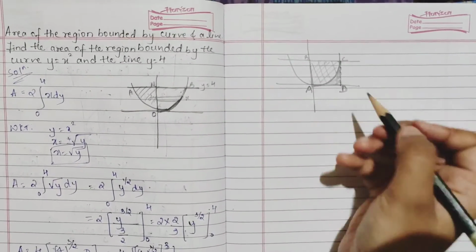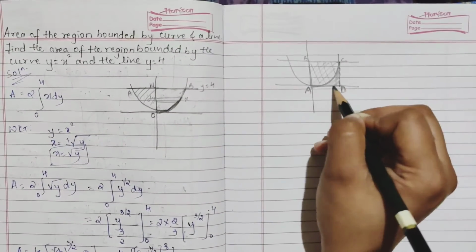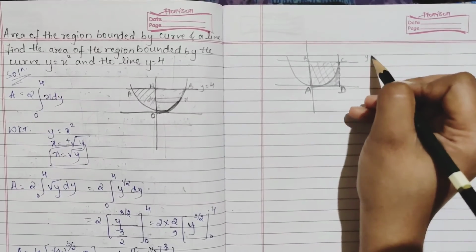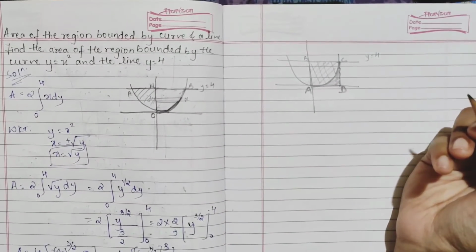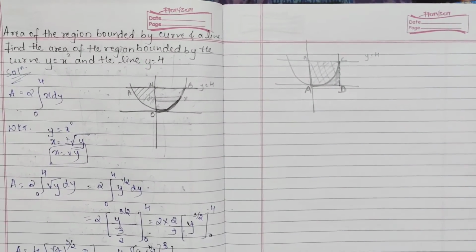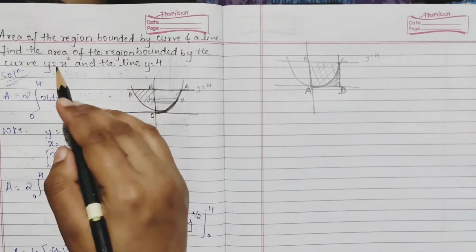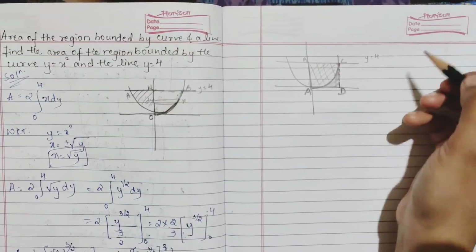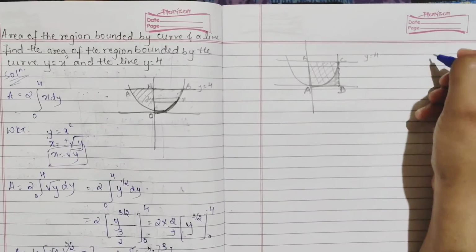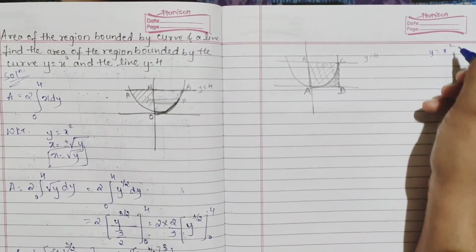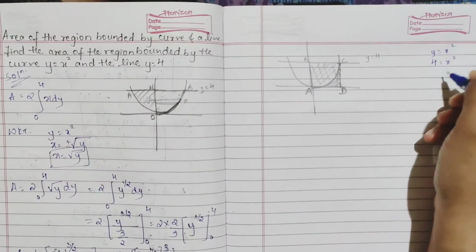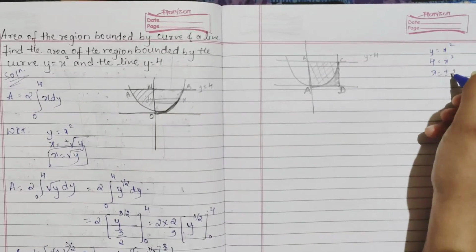As you can see, now your line is y is equal to 4. So what will your x coordinates be? The curve they have given already is y is equal to x square. So y is 4, equal to x square, so x will be plus or minus 2.